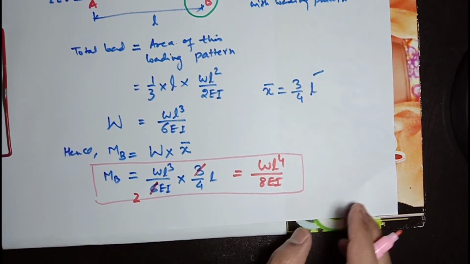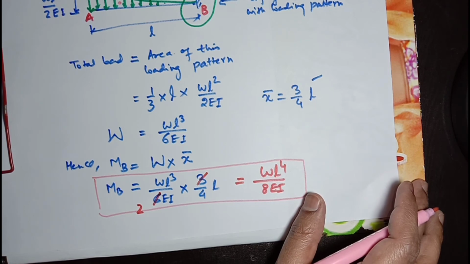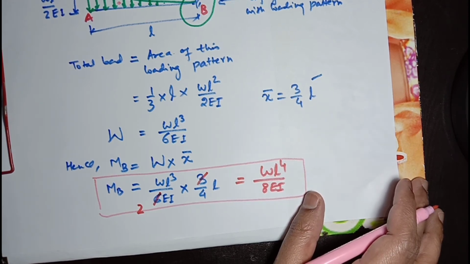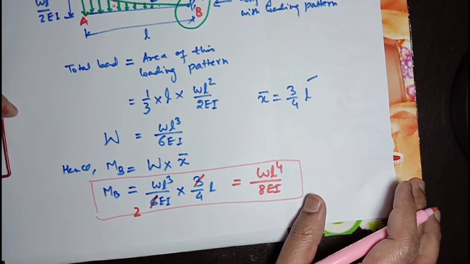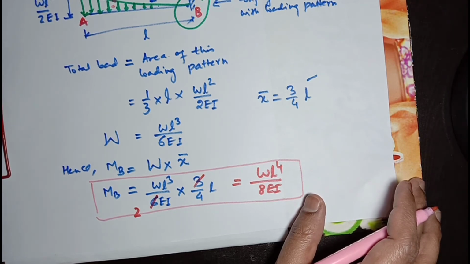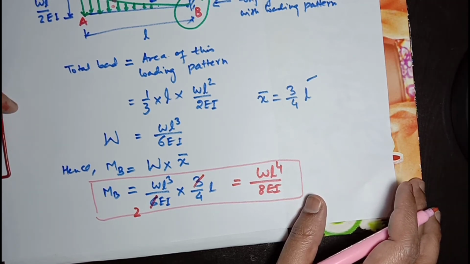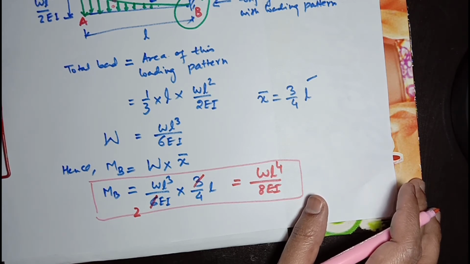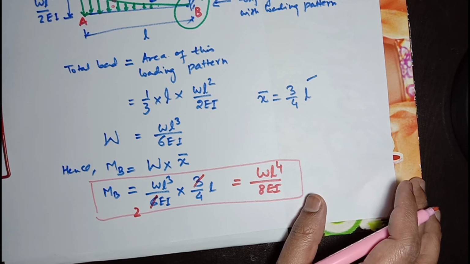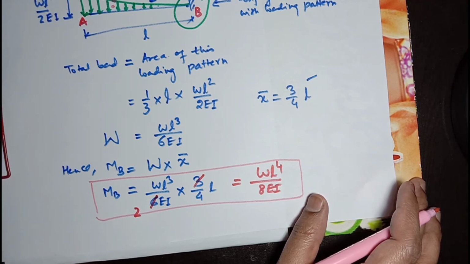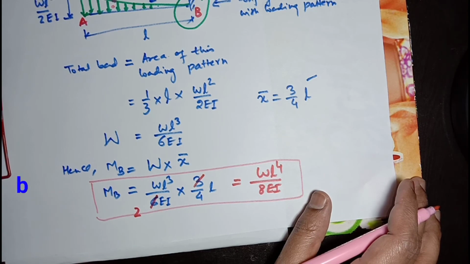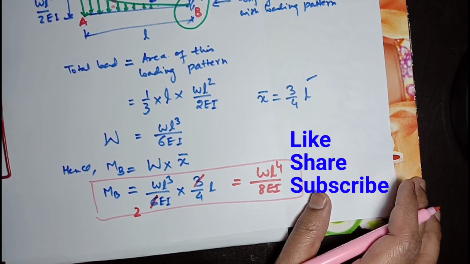The same value we have calculated using the unit load method, and the conjugate and moment area methods. In our lecture third, I have also given you a general formula, a general expression, to find out the centroid x bar and area of any kind of curve which is a function of x to the power n.